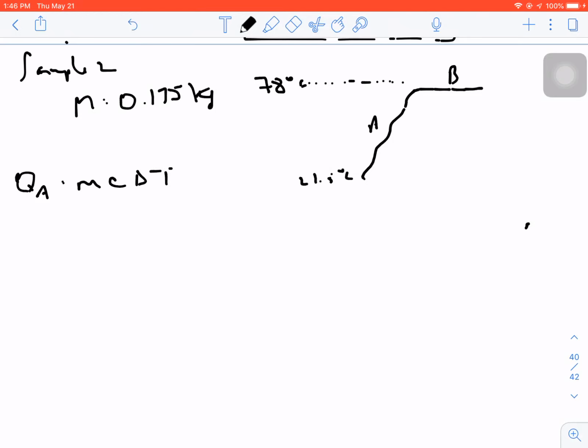Because I'm seeing a delta T for A, I know I need to use the mc delta T formula. The mass is 0.135 kilograms. Sloppy.